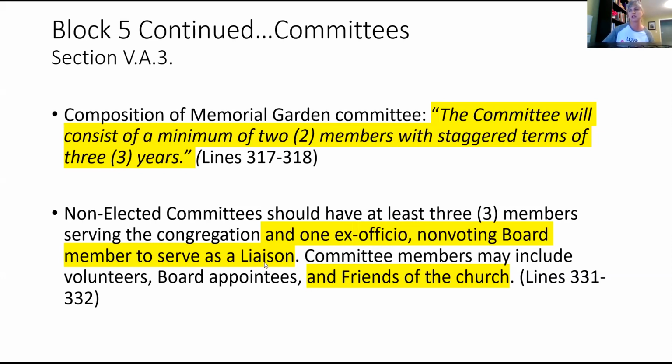And we're establishing that liaison. So it's a non-voting board member, a non-voting board member to be the liaison of each non-elected committee. Okay. Do you have thoughts or concerns on that?